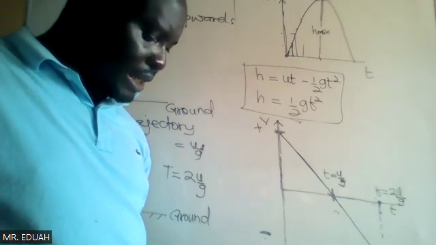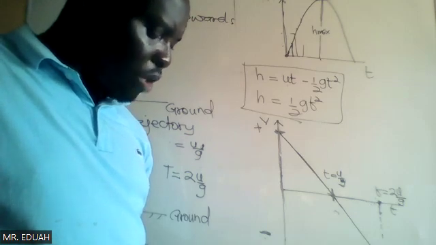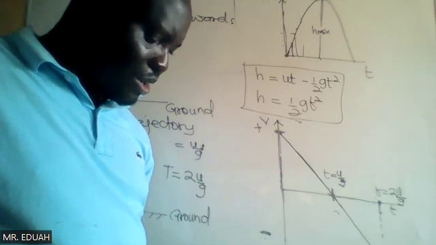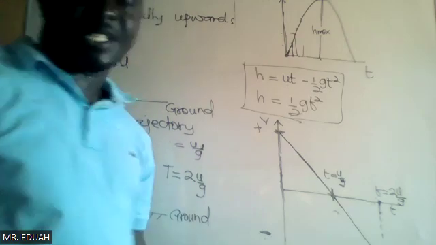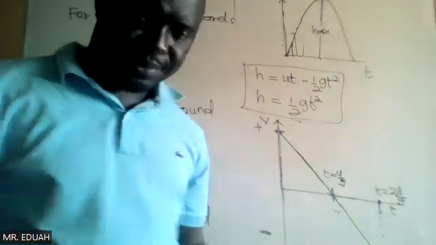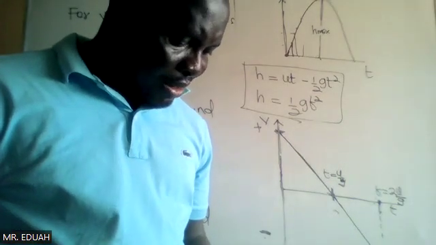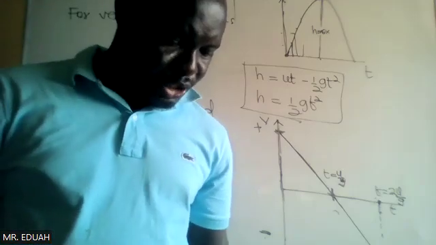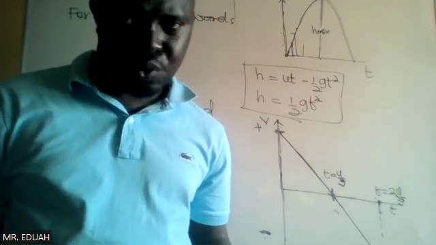On its return, the ball lands on top of a building with a velocity of 60 meters per second. How high is the building? Take G to be equal to 10 meters per second squared.